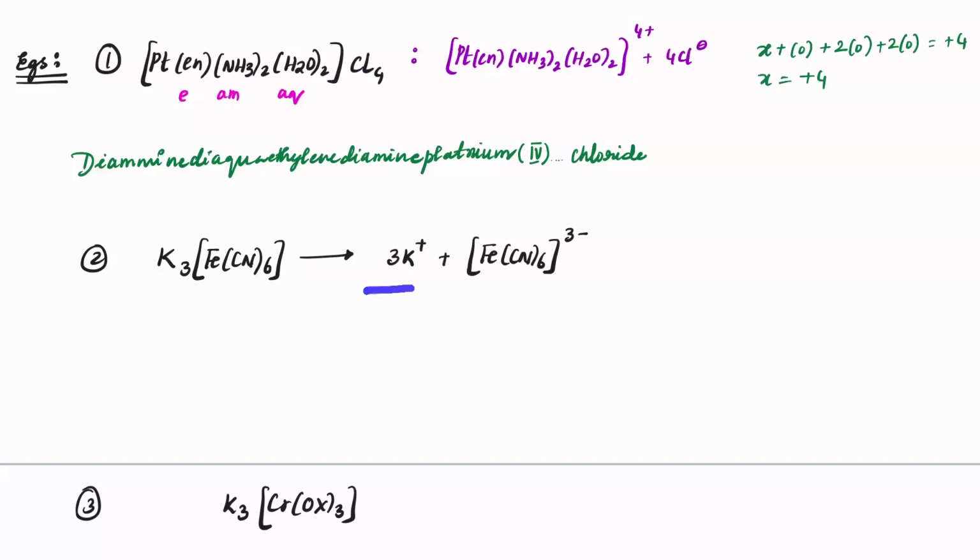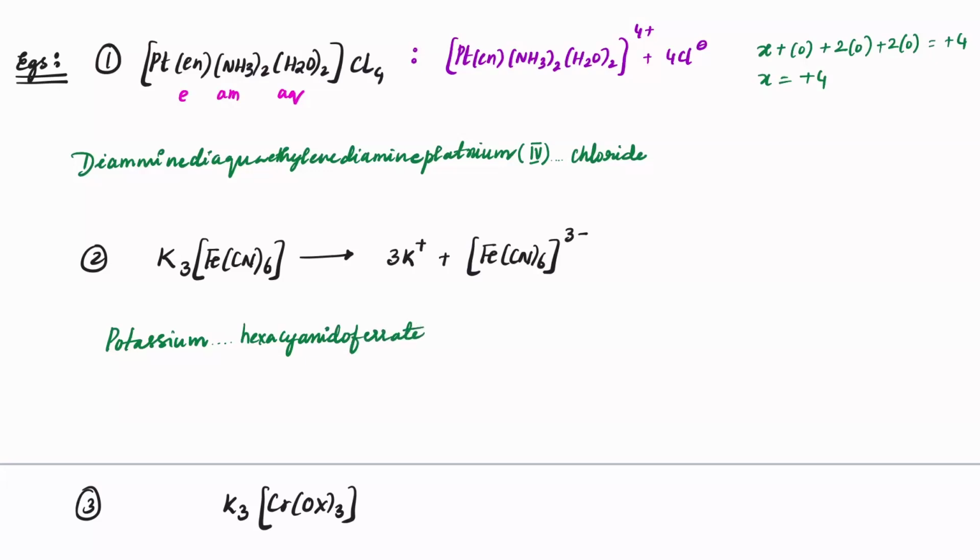Always the cationic part should be written first, followed by the anion. So first we write potassium, then a space. Now we enter into the complex, where the ligand should be written first, which makes it hexacyanido or simply hexacyano, both are fine. Then it will become ferrate.